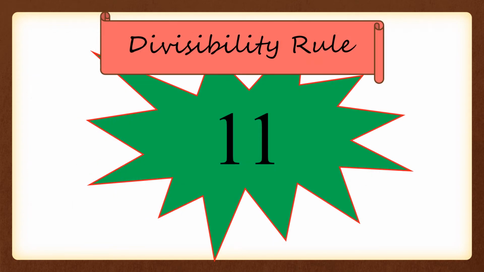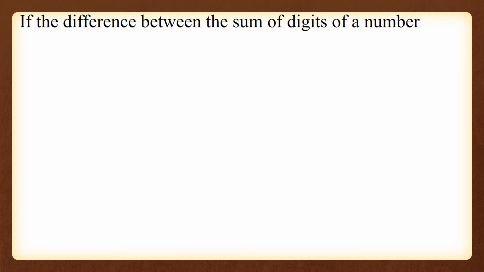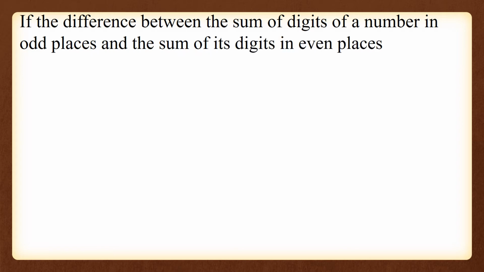Divisibility rule for the number 11. If the difference between the sum of digits of a number in odd places and the sum of its digits in even places starting from the ones place is either 0 or a multiple of 11, then the number is divisible by 11.